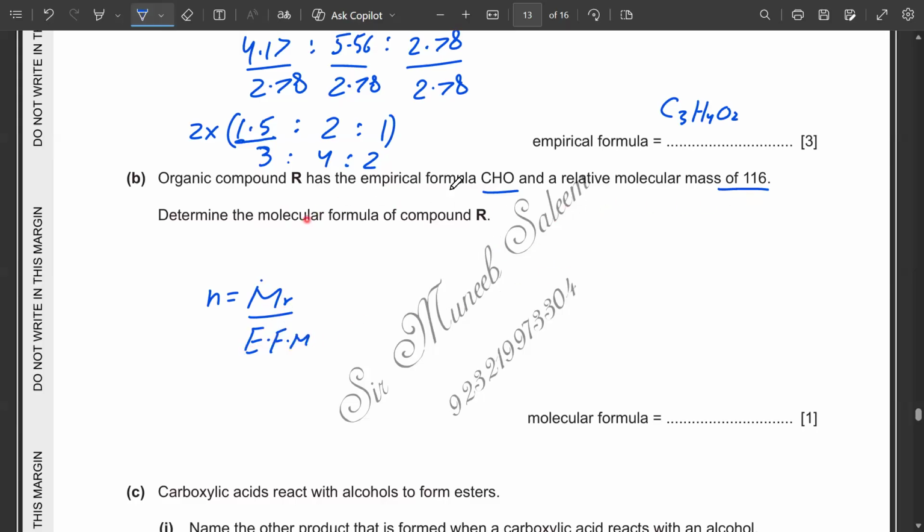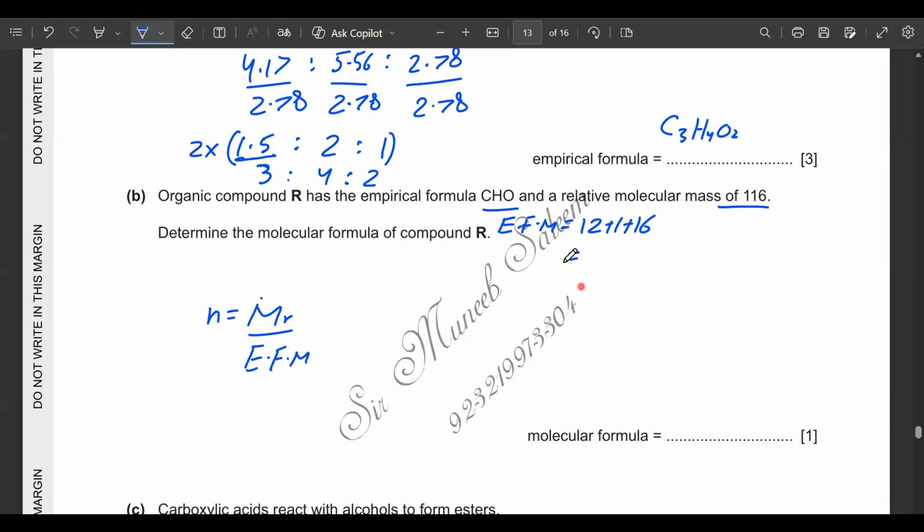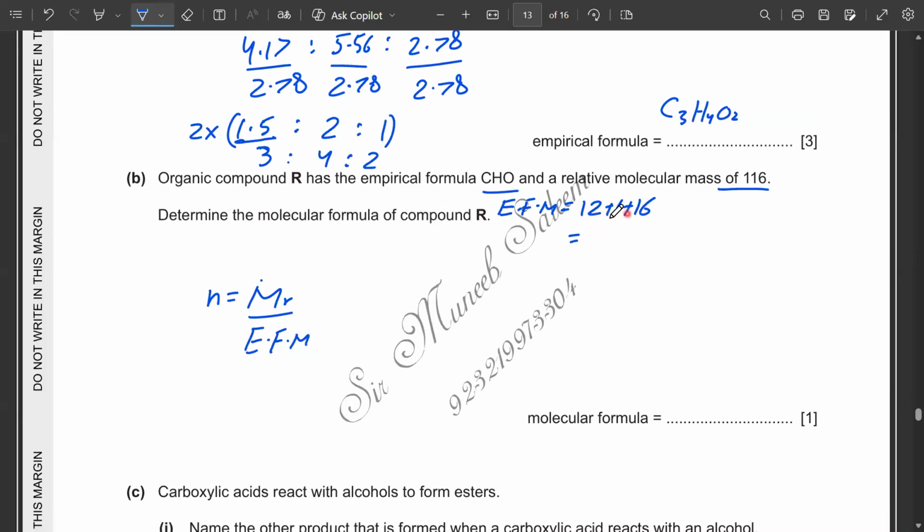The empirical formula is CHO, just find the empirical formula mass, which is equal to 12 plus 1 plus 16, so it is equal to 29.